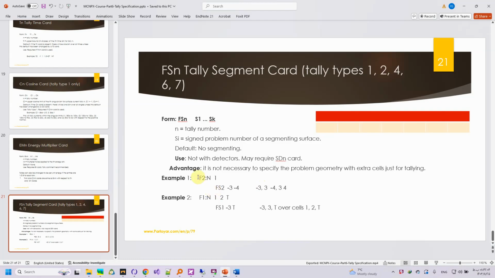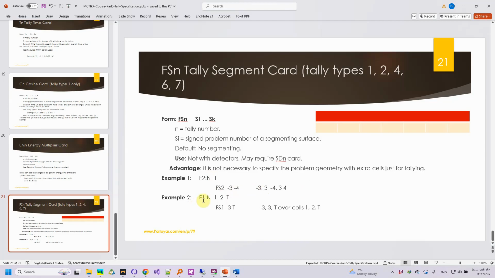For example, here is the F2 card, F2 tally of neutrons over surface 1, but we add FS2, which means dividing the result into surfaces, minus before surface 3, before surface 4, or surface 3, so over surface 3 and others.